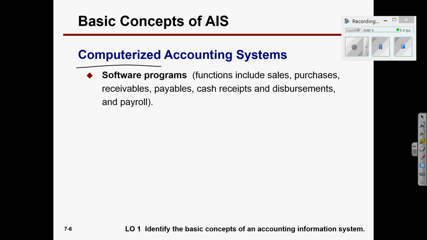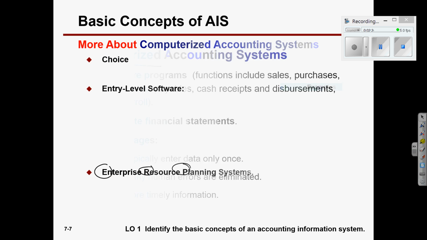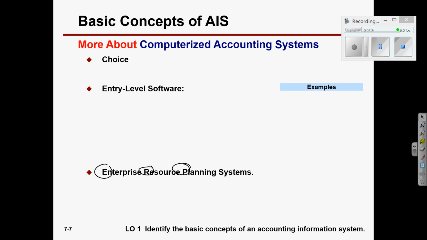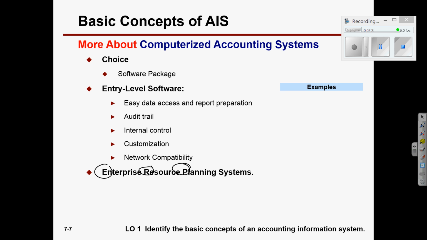Some computerized ones, there's different softwares out there. That was one of the activities you guys did. You had to look at some online. And then ERP, if I recall, even ERP stuff showed up in those lists of online ones available. You can basically get something that's entry level.